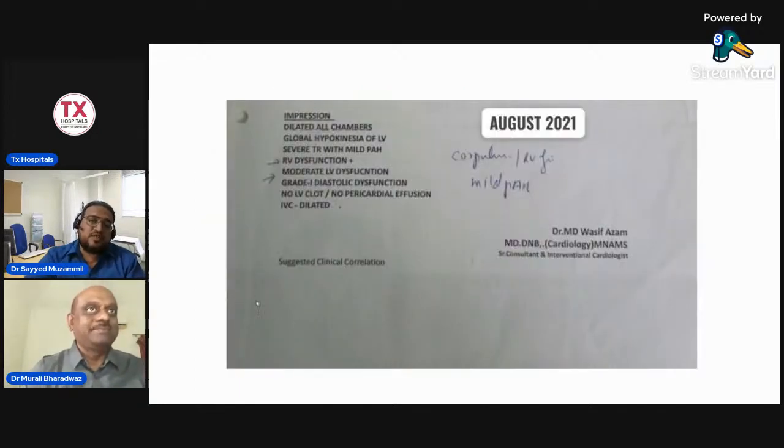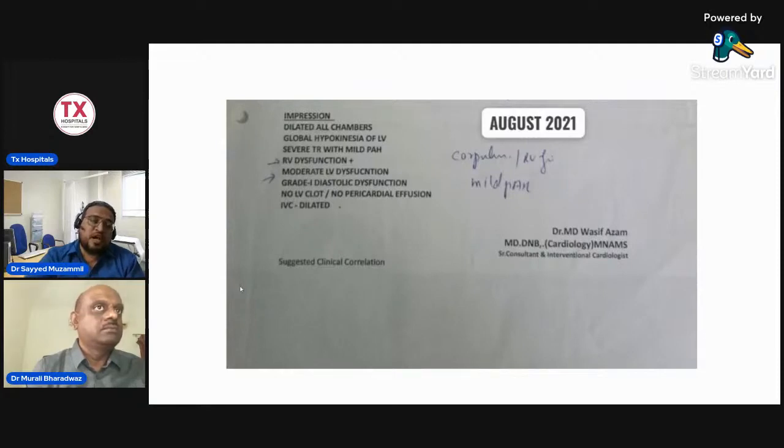You can see, when she came to me, the echo done in August 2021 showed dilated all cardiac chambers, global LV hypokinesia, and severe TR with mild PH. RV dysfunction was there, and moderate LV systolic dysfunction with an ejection fraction of 38%.